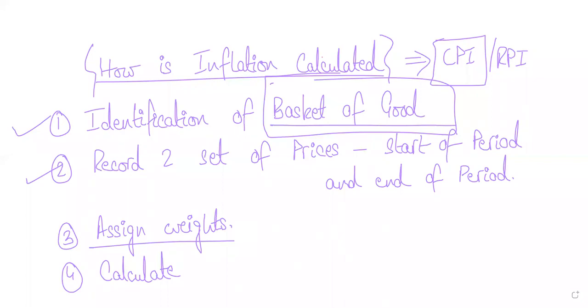Because not every product is equally important. Products that you think are more important for consumers will be assigned higher weights compared to other products that are less important. Are you getting me? And the fourth and last stage of calculating inflation is to calculate. That's just the calculation that we're about to see in a bit.